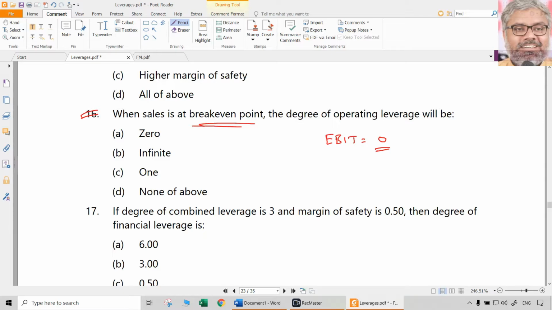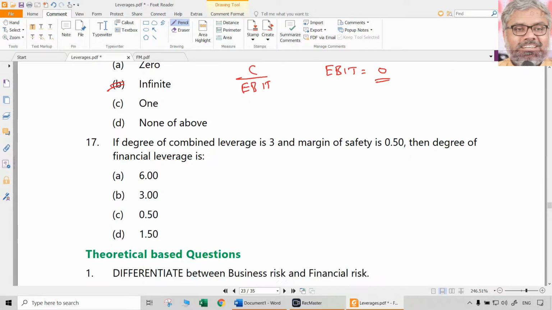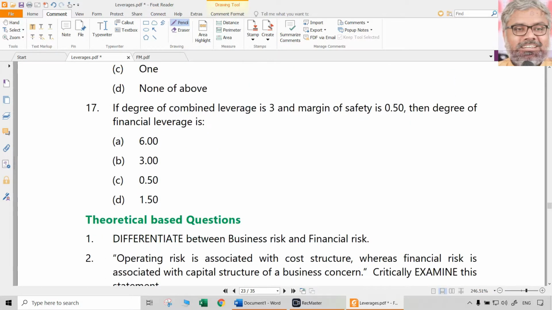That is what the break-even point is. At break-even point, contribution equals fixed cost. Contribution minus fixed cost is EBIT, that is 0. So in the formula contribution divided by EBIT, if you substitute 0 in the denominator, that is not possible to define, that is infinite. So the 16th question answer is B.